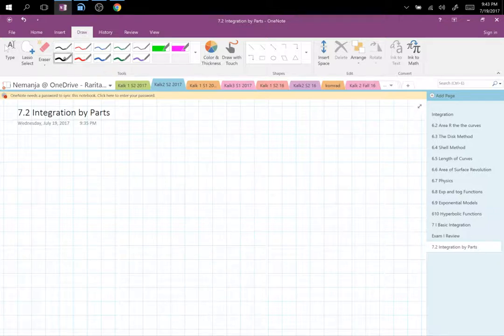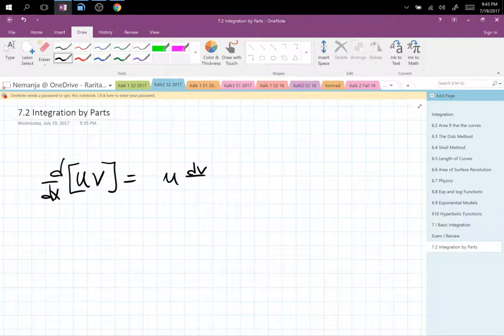So we're going to start by saying that the derivative of uv is u dv dx plus v du dx. So we know that the derivative of the product is copy the first times derivative of the second plus copy the second times derivative of the first function.